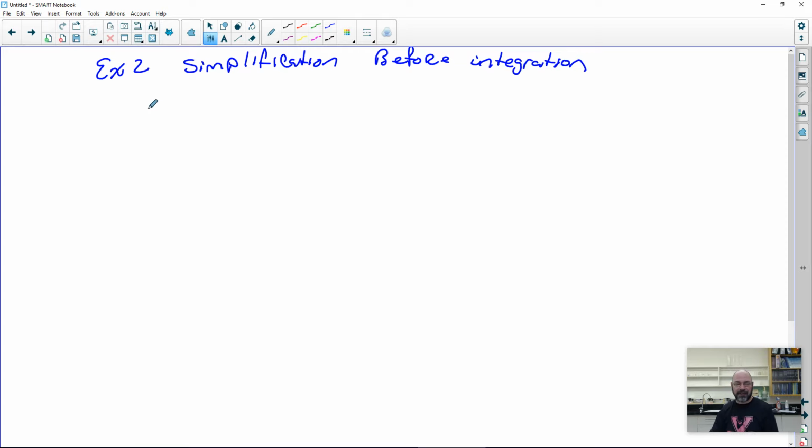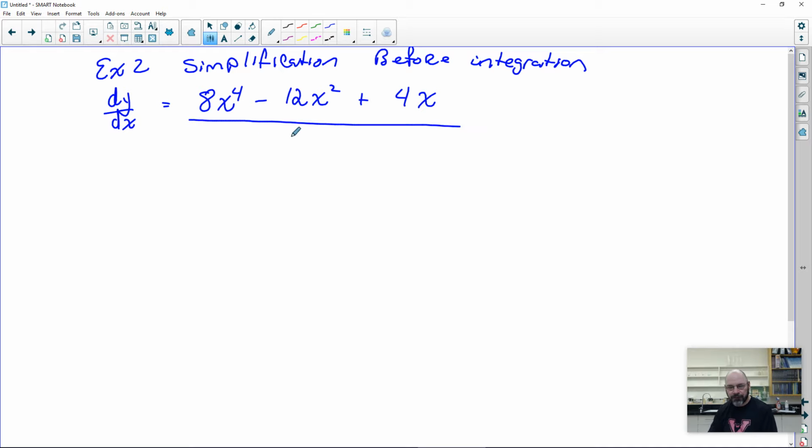Okay, so let's say something like this. Let's go dy/dx, the derivative turns out to be equal to, let's say, (8x^4 - 12x^2 + 4x) all over 4x, something like this.